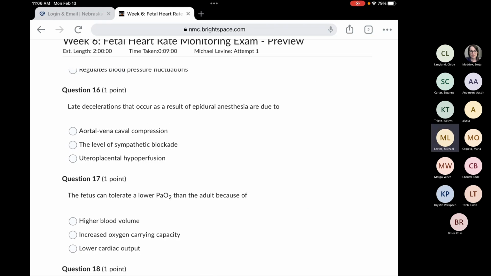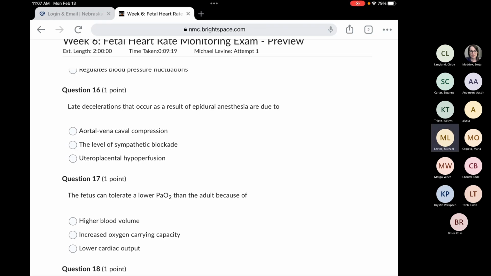Next question, 16. Late decelerations that occur as a result of epidural anesthesia are due to aortovenocaval compression, the level of sympathetic blockade, uteroplacental hypoperfusion.